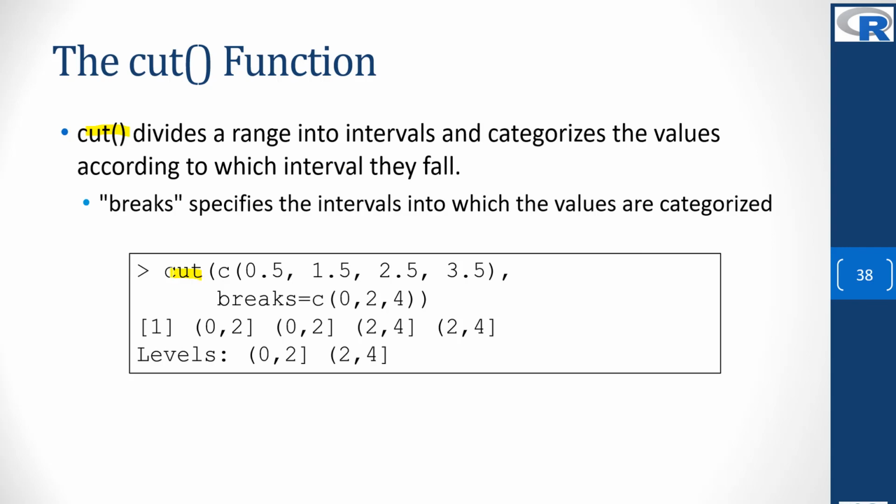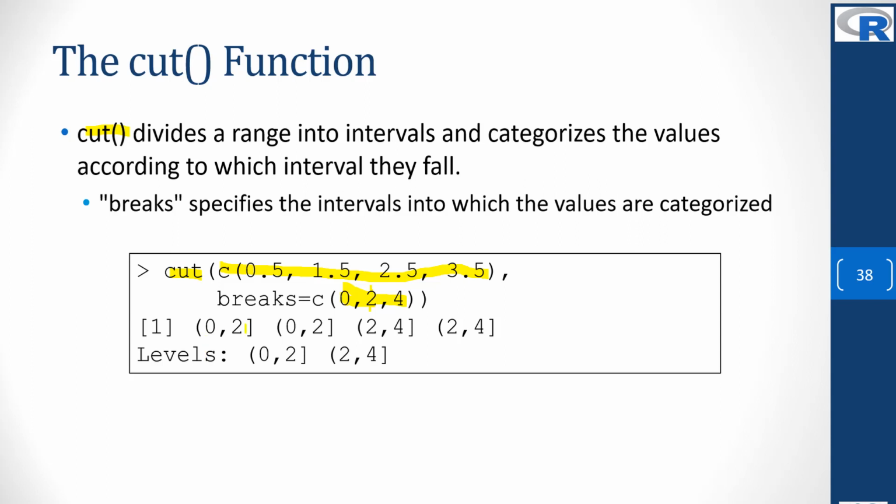We use cut with a range of values, and here we have 4 values, 0.5, 1.5, 2.5, and 3.5. We want to specify 2 intervals. Now for our intervals, we provide a vector of 3 values. The values used in this vector are taken as groups. We take the first 2 to create one interval between 0 and 2, and then the second interval goes from 2 to 4.